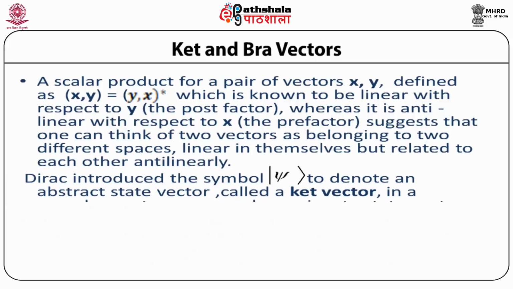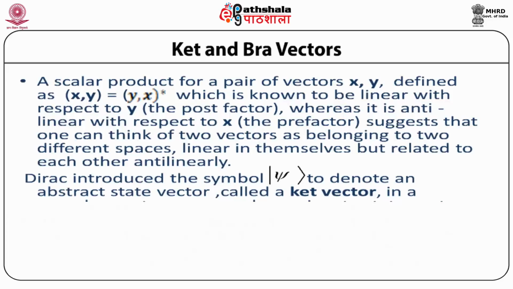This relation is linear with respect to y, which is the post factor, whereas it is antilinear with respect to x, which is the prefactor, and suggests that one can think of two vectors as belonging to two different spaces, linear in themselves, but related to each other antilinearly.